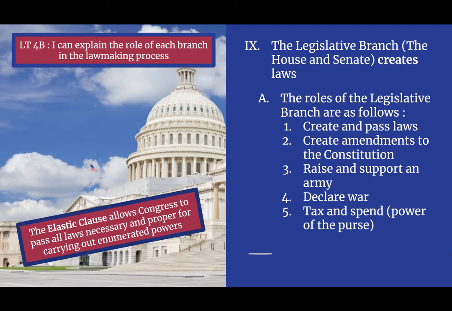They needed roads for that, so they gave the federal government the power to create interstates and these different roads that go between states. They use the elastic clause in order to gain that power, because it's not directly in the Constitution for the federal government to do, but in order to carry out their other enumerated powers, like creating a postal service, they needed to create roads in order to do that. So that's how the elastic clause has been used.